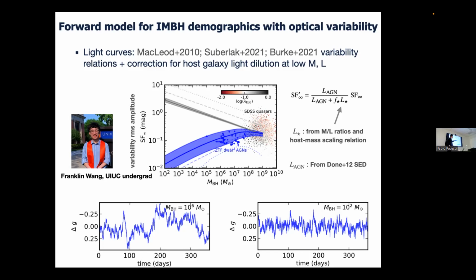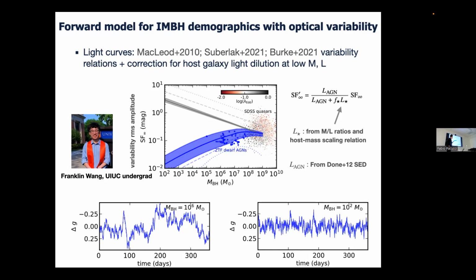The key here, we think, is that you have to consider the fact that the variability is diluted by the star formation in these galaxies. That's an important problem for spectral classification, and it's there for variability as well, in a different way. It comes up again. So that's what we've modeled here.